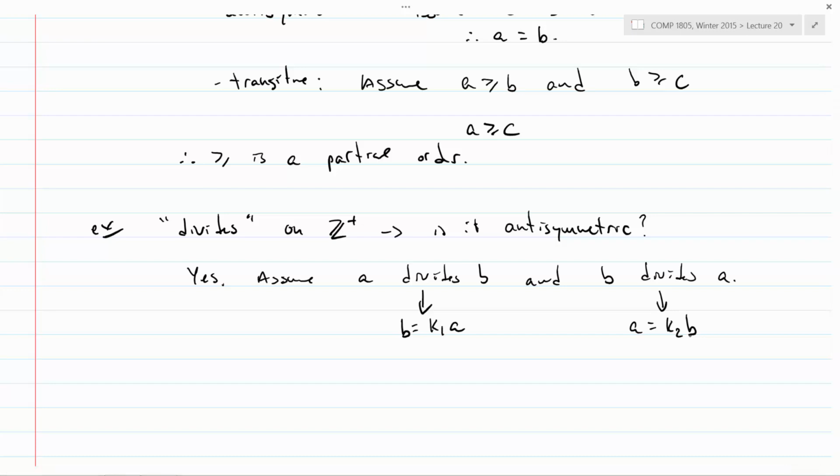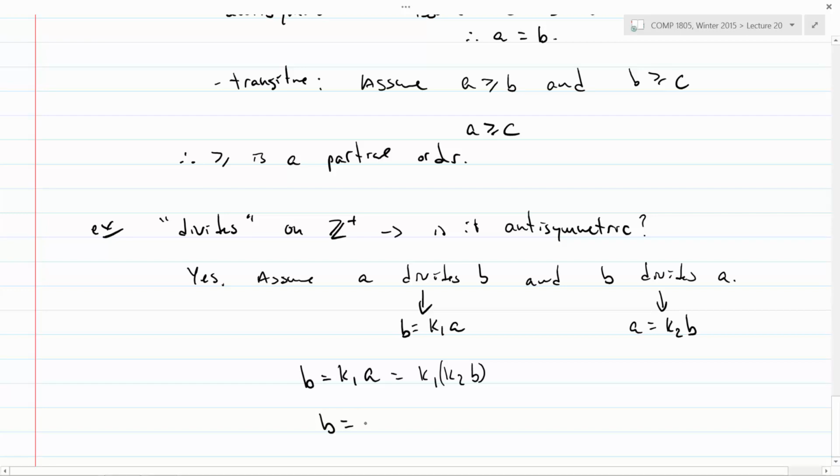All right, so let's write down another way of writing B. So B equals K1A, and I know that A equals K2B. So B equals K1 times K2B. Right? All right, so that's good.